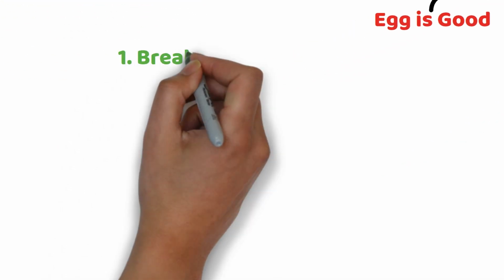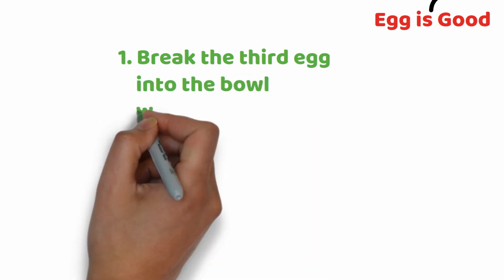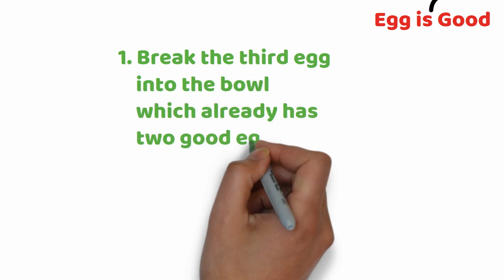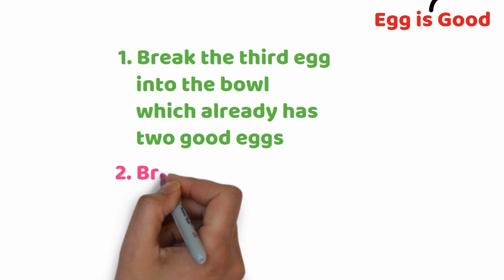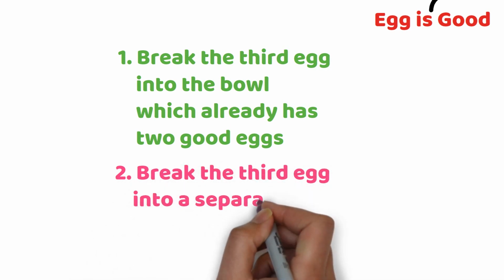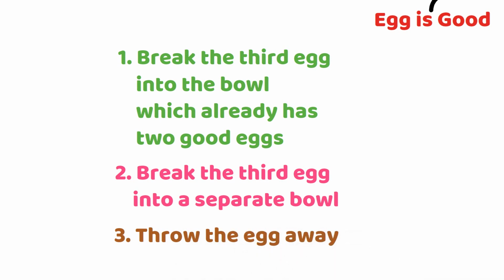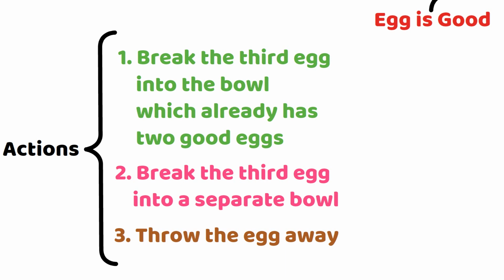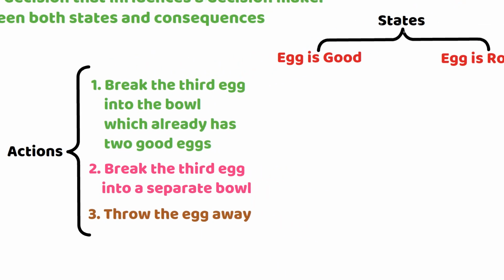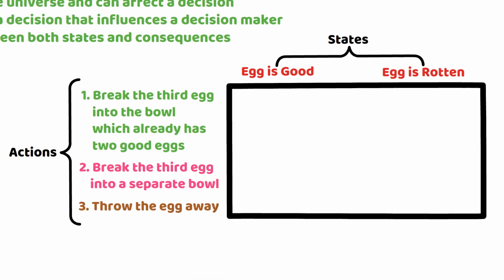Number 1, whether to break the 3rd egg into the bowl, which already has 2 good eggs. Number 2, break the 3rd egg into a separate bowl. And number 3, throw the egg away. These are 3 actions.